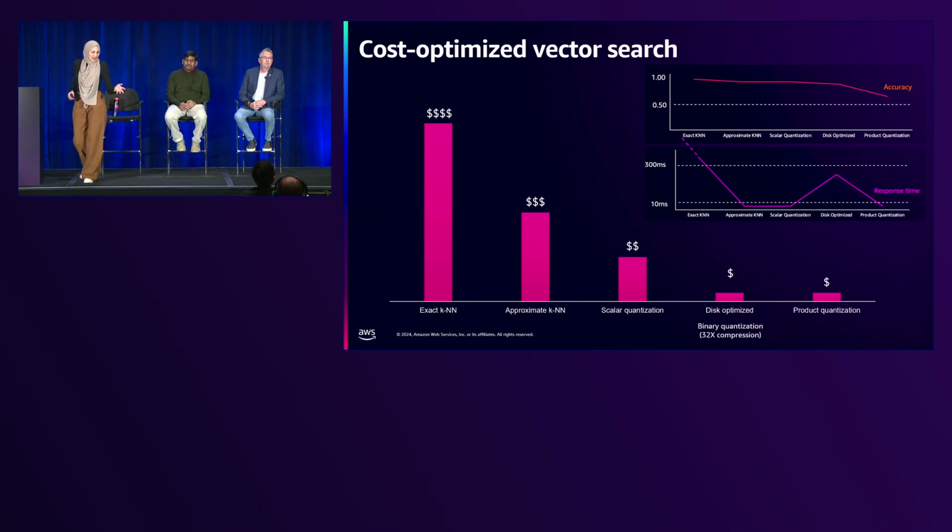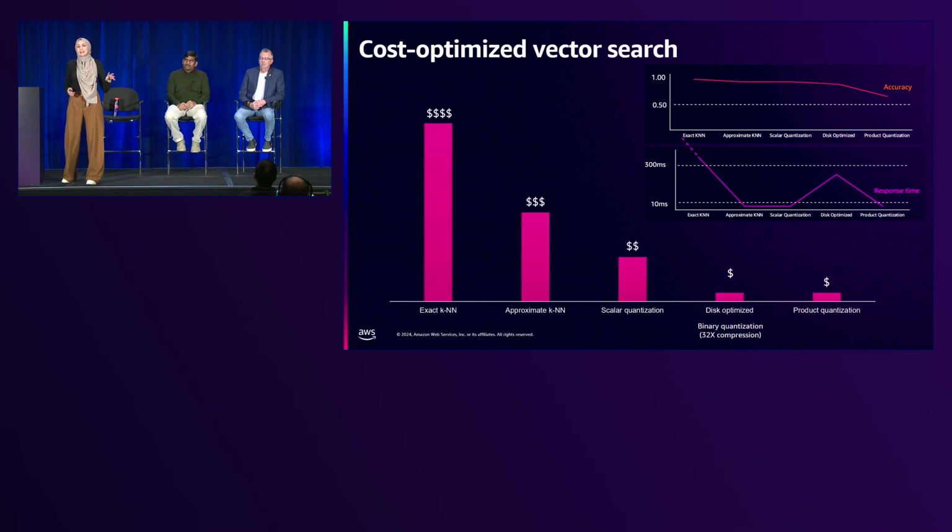We're still under 300 milliseconds. So this is pretty efficient for RAG use cases, document search, internal document search. Also, if you have research and development teams experimenting with different techniques for your generative AI application, think about binary quantization with disk-optimized.